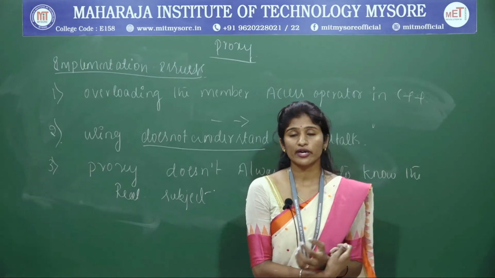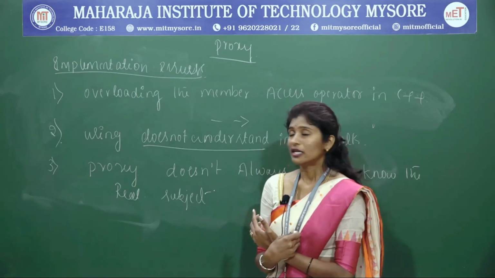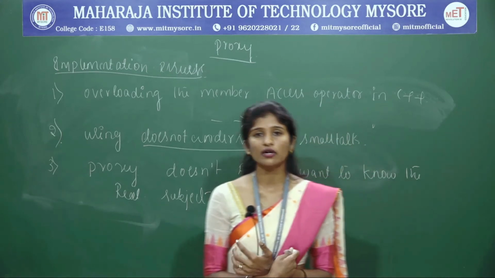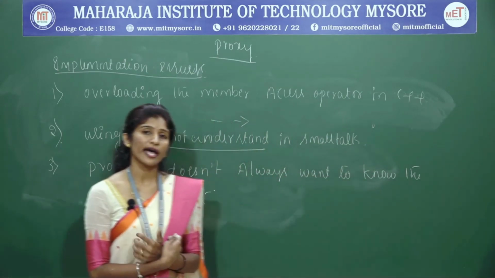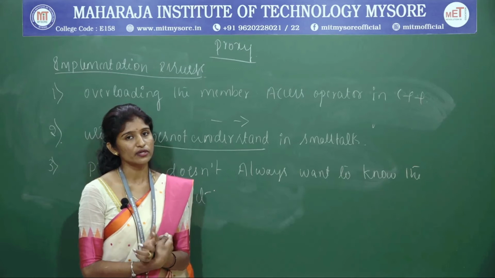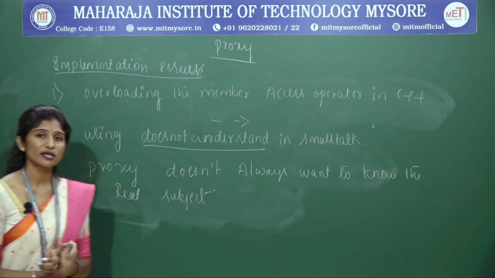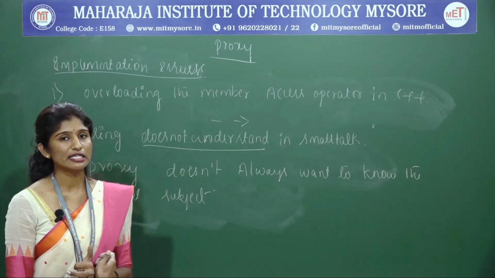Those worries do not arise in the proxy design pattern, because it does not focus on the type of the real subject; it acts uniformly with all kinds of subjects. So these are the three points you need to consider while implementing the proxy design pattern.